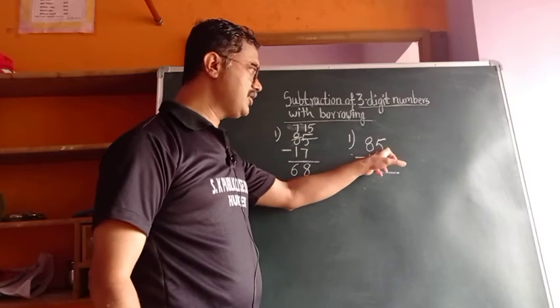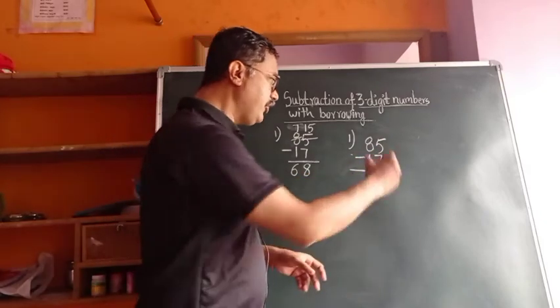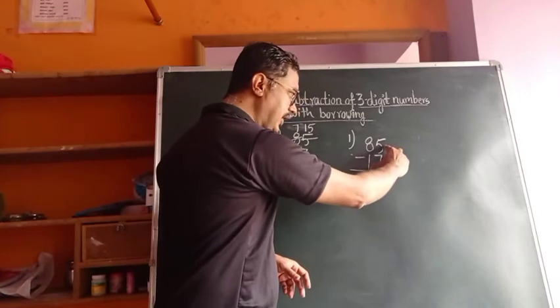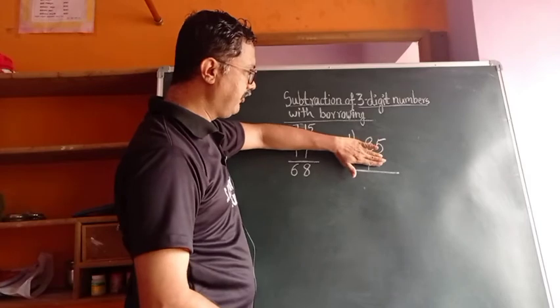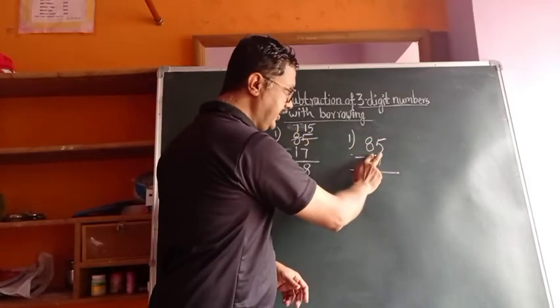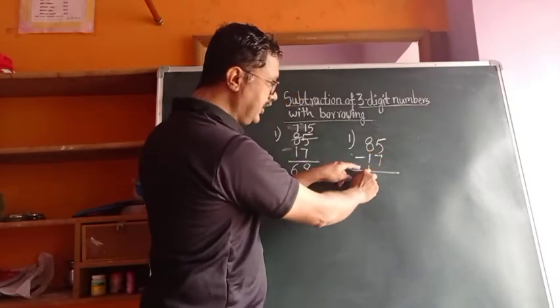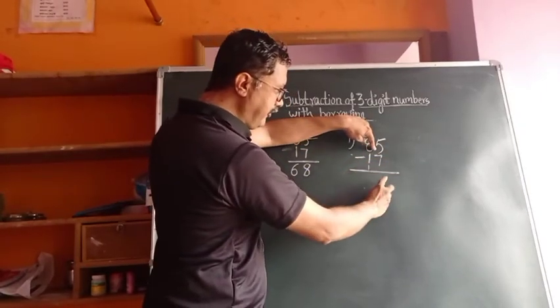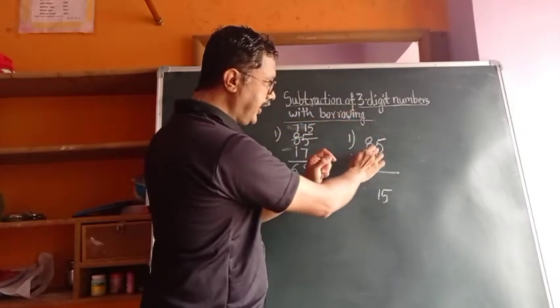If the upside number is small and the downside number is big, in that case we consider this as 15. Here 1 and 5 becomes 15.